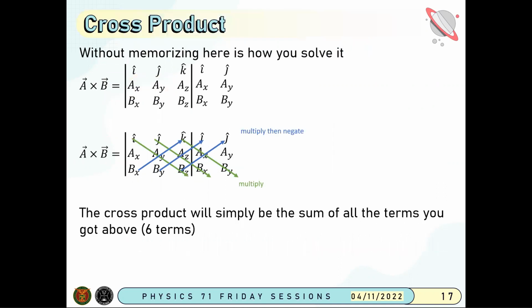So first, we have to define or at least try an example of a cross product. So a cross product is denoted by this notation. Okay, A cross B, where A and B are both vectors.